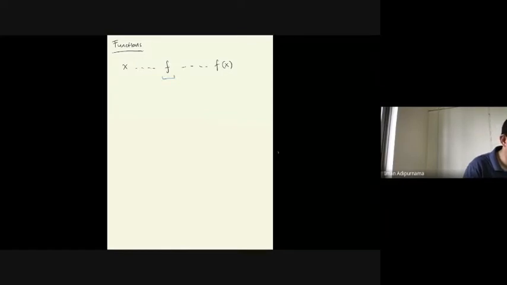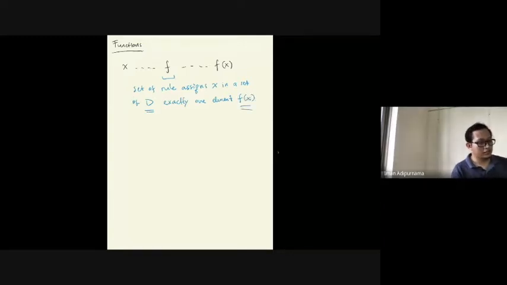Let's say this is a set of rules that assigns to each x in a set, the domain, exactly one element of fx.